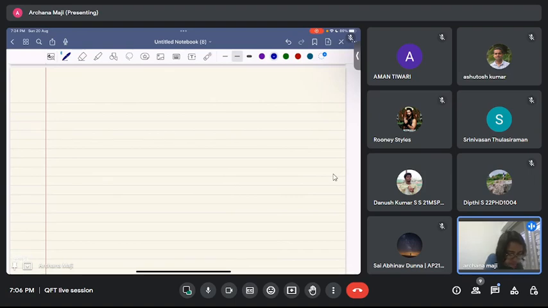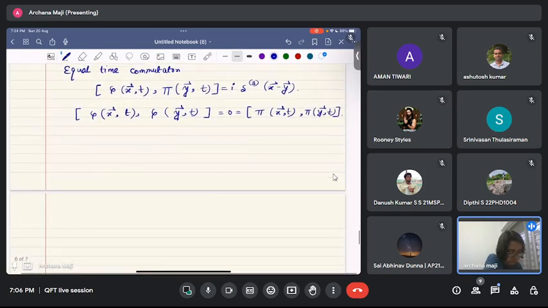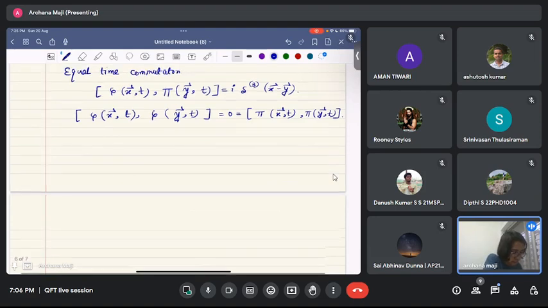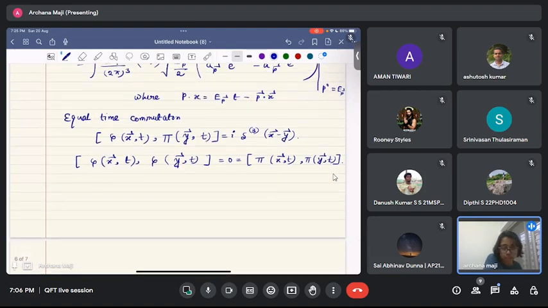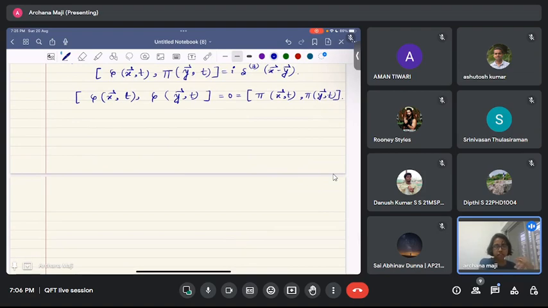Now a natural question to ask in quantum field theory is: if one is outside the light cone, that means if two events are separated space-like, whether the measurement of one event can affect the measurement of the other.